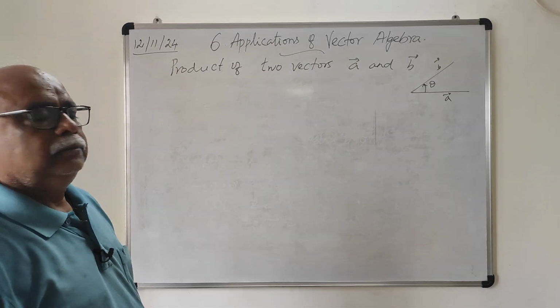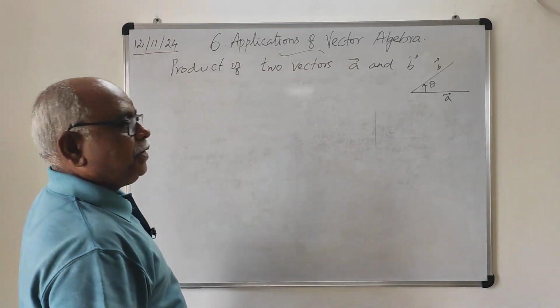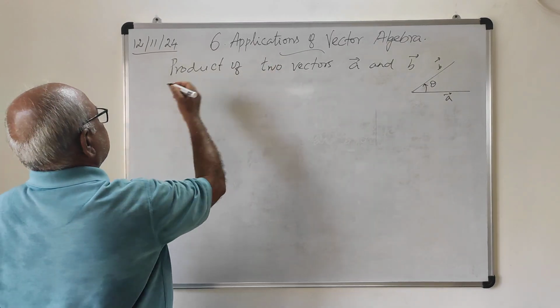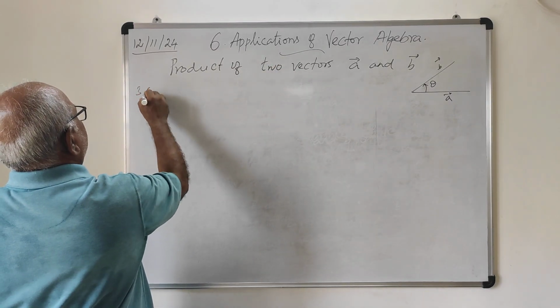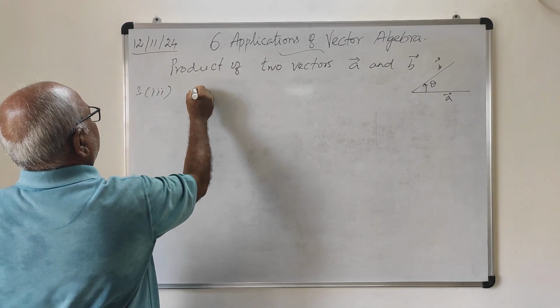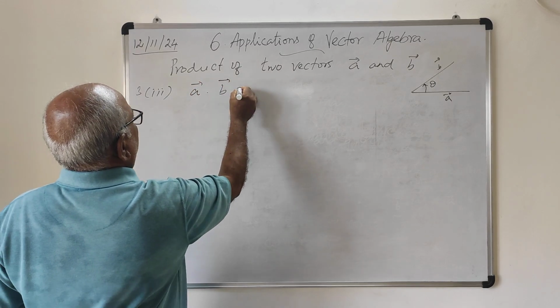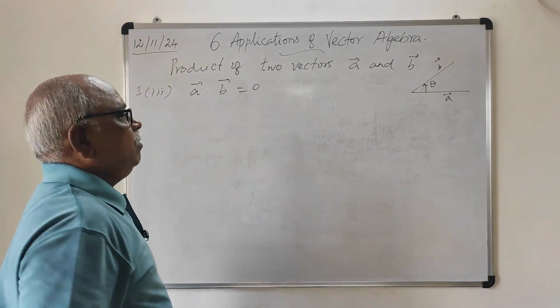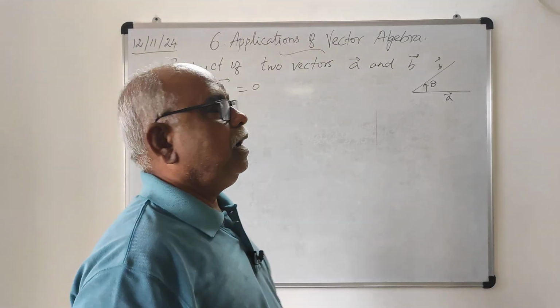From property 3, the third case is A dot B is 0. In this case, we have derived 3 inferences.